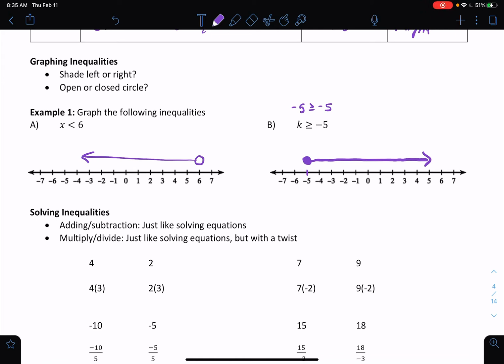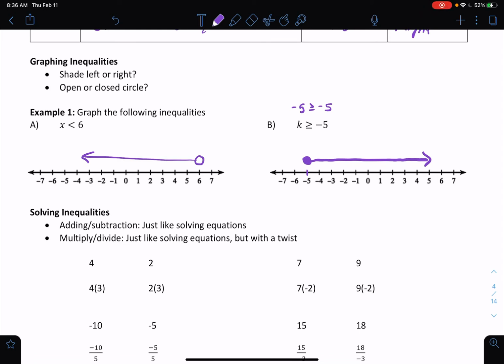Like if I plug in 0, 0 is greater than or equal to -5. That works. If I plug in 5, 5 is greater than or equal to -5. So that works as well. Okay, so that's what I mean when we say we're graphing the inequalities. We are shading the region of all the numbers that satisfy the inequality.